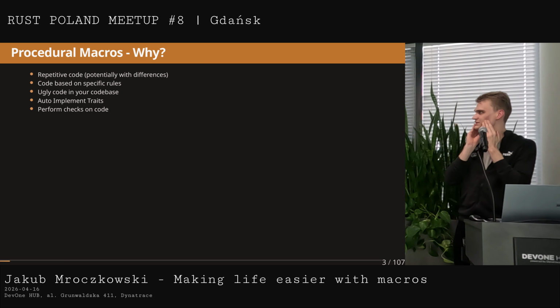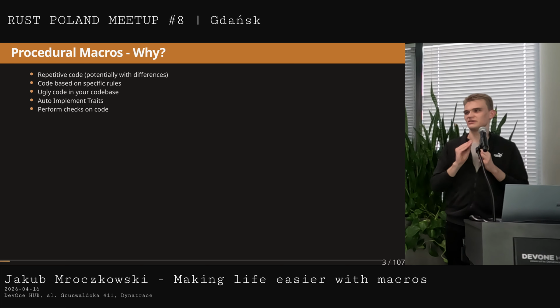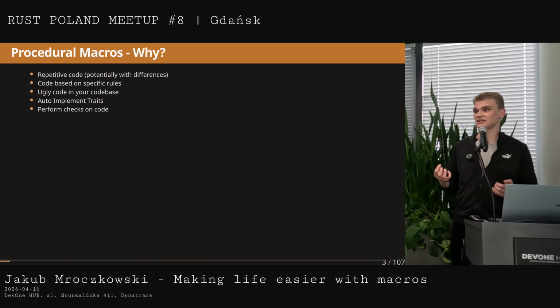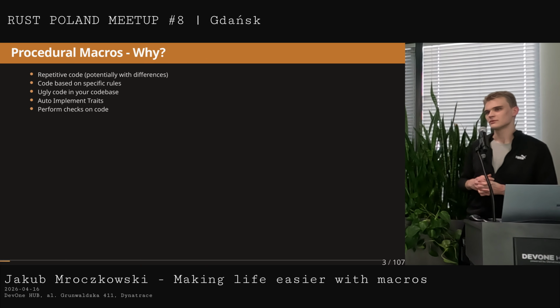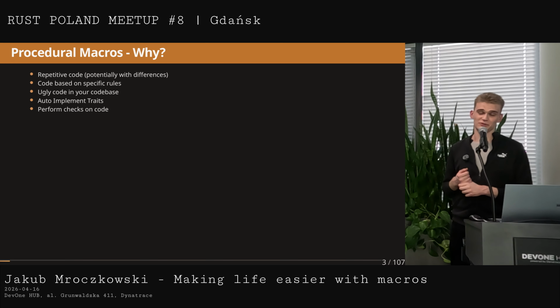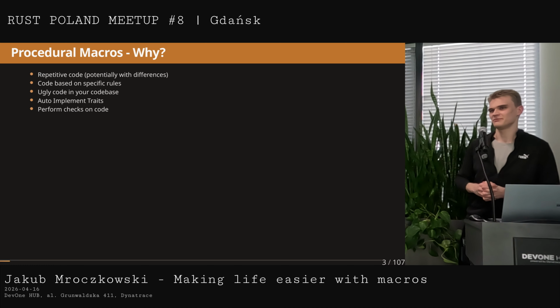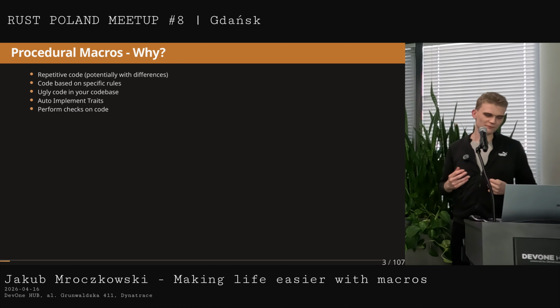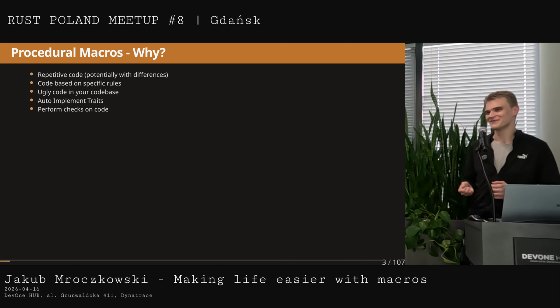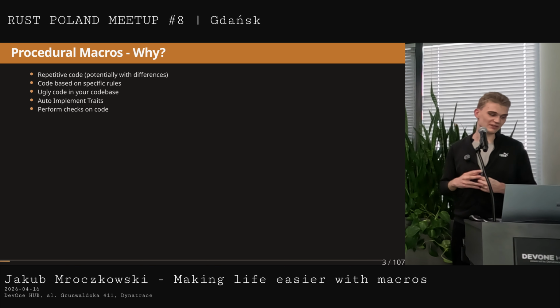There may also be some specific rules outside of your code base, or inside of it, but they will change in the future quite often. They are also useful for that. Maybe you have some just ugly code in your code base, which you think would be nicer if it wasn't visible. So you can also use procedural macros for that.